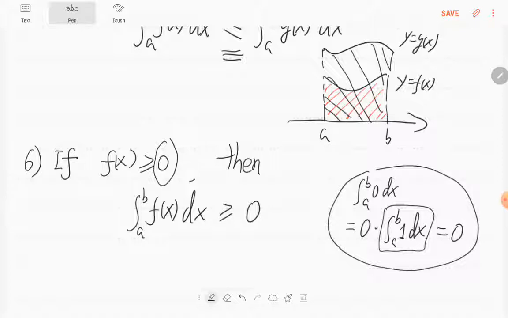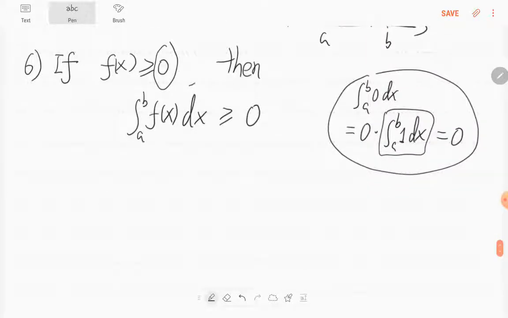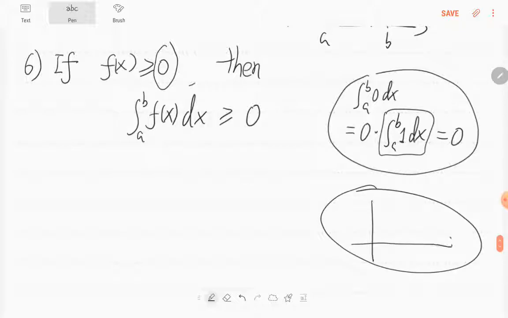If you use the geometry, this is a to b, f of x equals 0. From here to here is f of x equals 0. So this is a line, so the area is 0. Okay, so you have property 6.